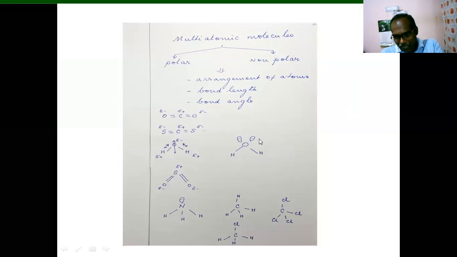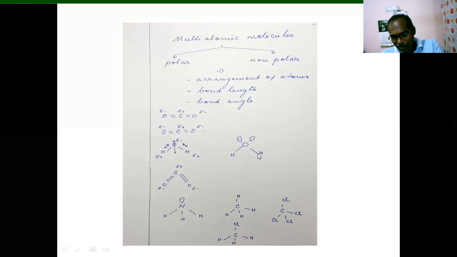These lone pairs, which are present in two corners of the tetrahedron, will repel the bond pair. What is a bond pair? It is the pair of electrons involved in the bond formation. What are lone pairs? The pair of electrons which are not involved in the bond formation. Here, between the oxygen and the hydrogen, there are two electrons.